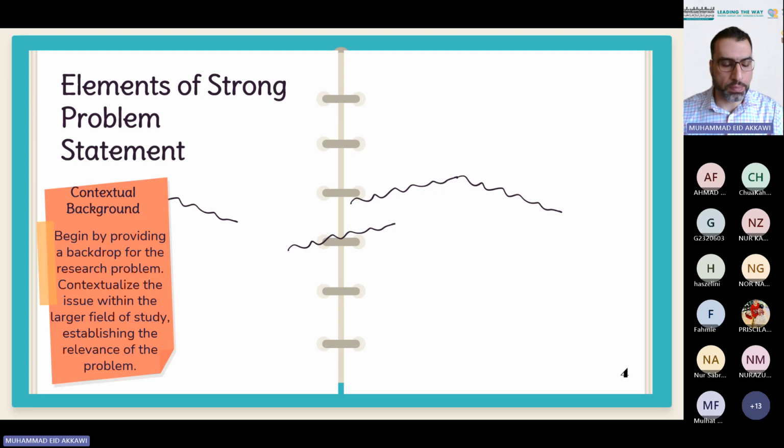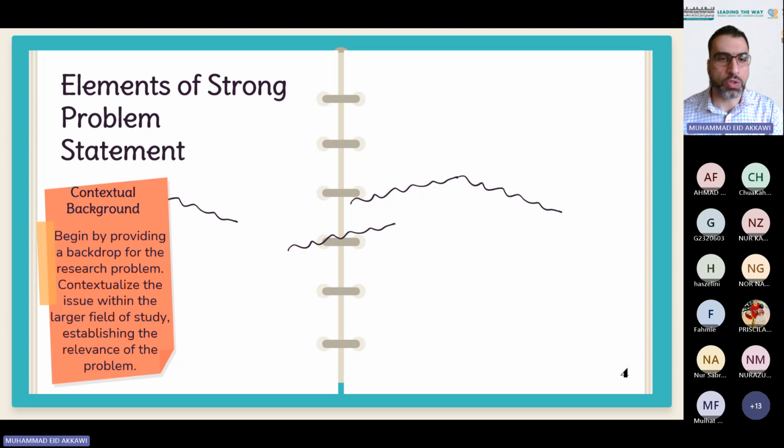If you are focusing, for example, on a specific population of patients, say older adults, people above 60 years old, you'll start with an introduction about why this population is considered a special population. And then after that, you may state the problem about the waiting time and how the impact of this waiting time could be different in older adults compared with other populations.